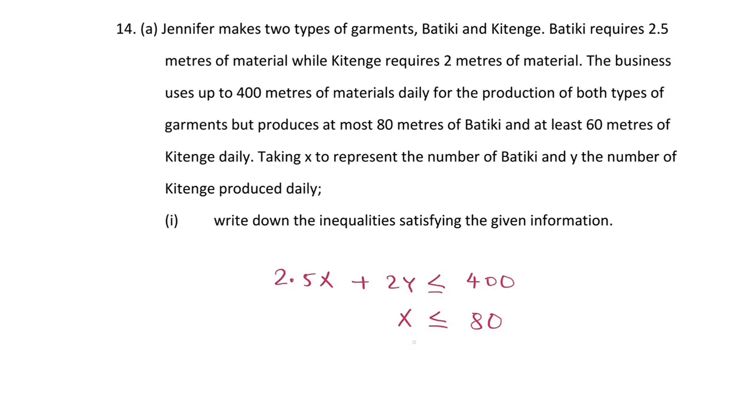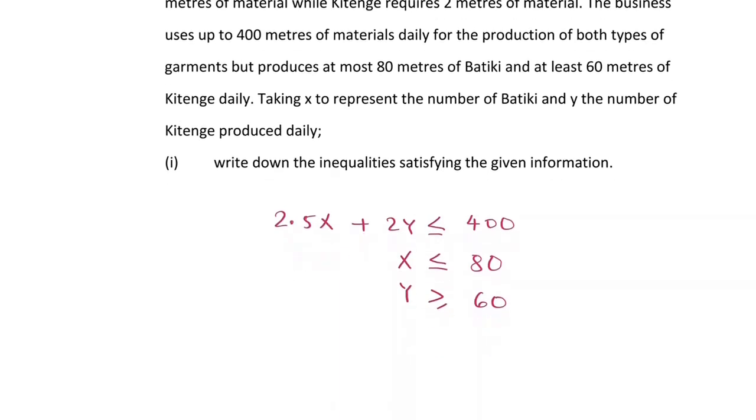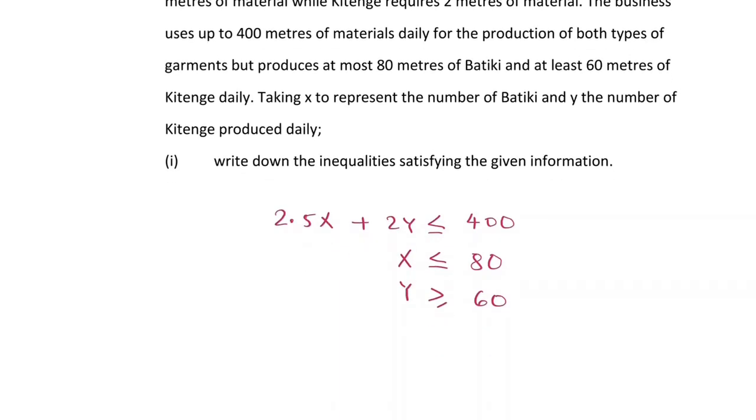Then our inequality is going to be y is greater or equal to 60. And then we are going to finally add the non-negative inequalities, because the number of kitenge and batiki can never be less than 0. Then x should be greater or equal to 0 and y should be greater or equal to 0. Then these are the inequalities required.